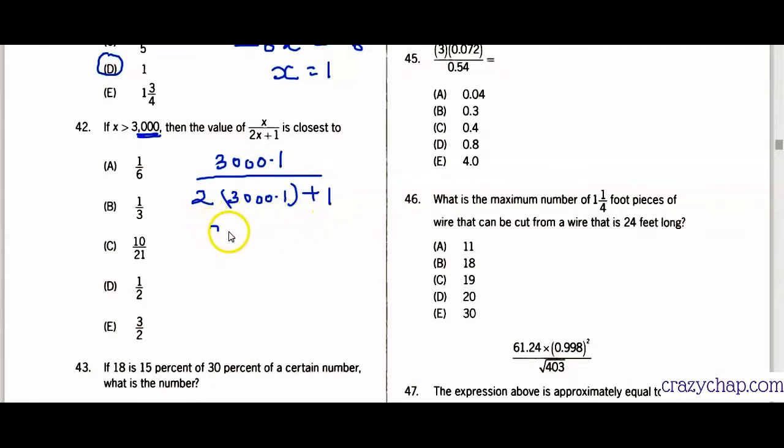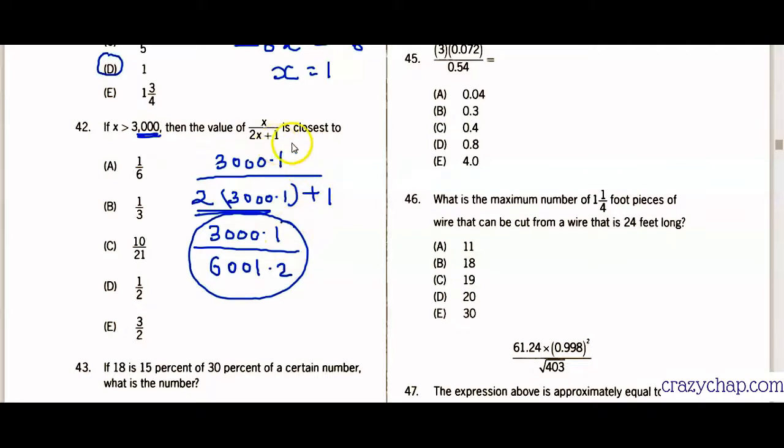Let's solve that. We get 3000.1 over 6000.2 plus 1 will get 6001, right? Now we have got this as a result. Now the question is, then this value will be closest to which of the following? Very closely, this result is very close to option D. That you can understand from your own estimation, right?